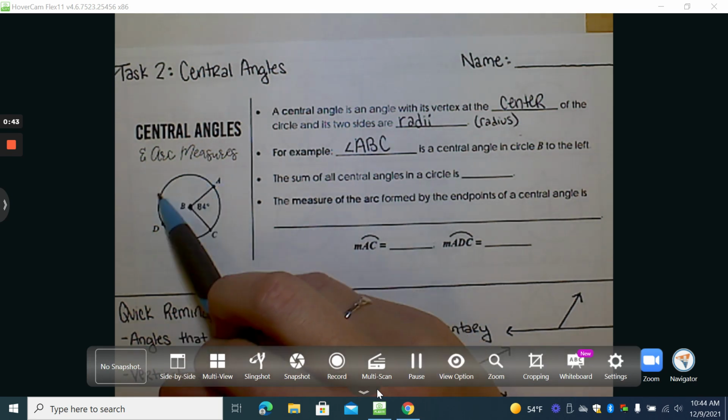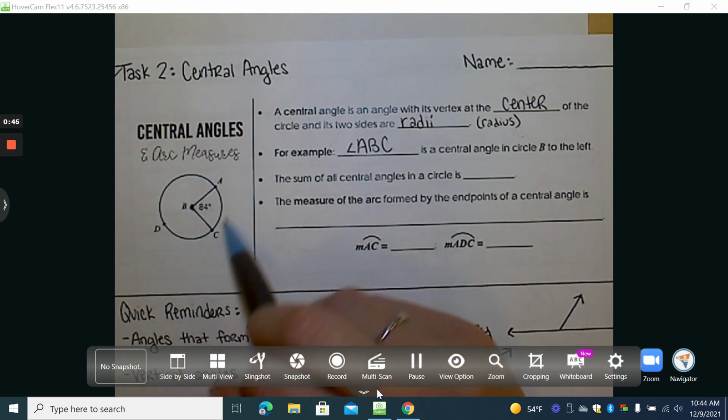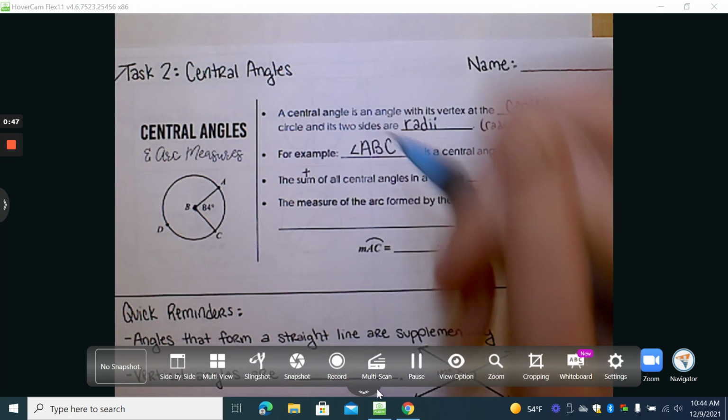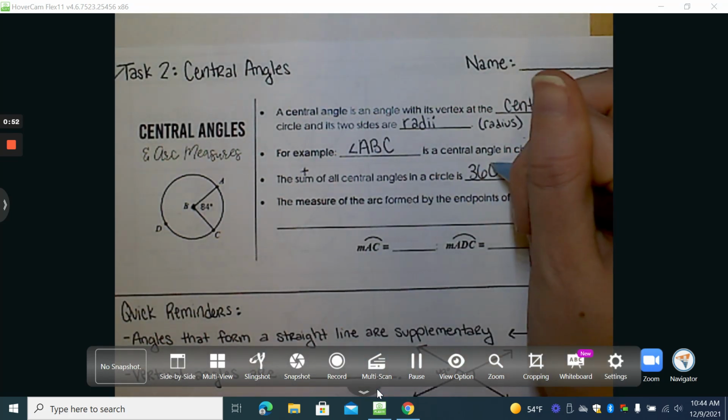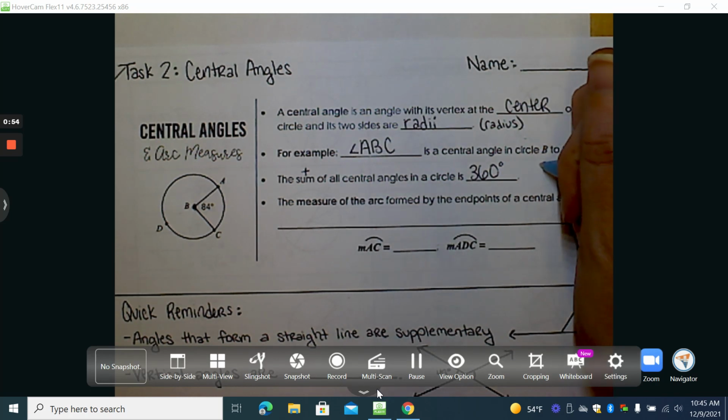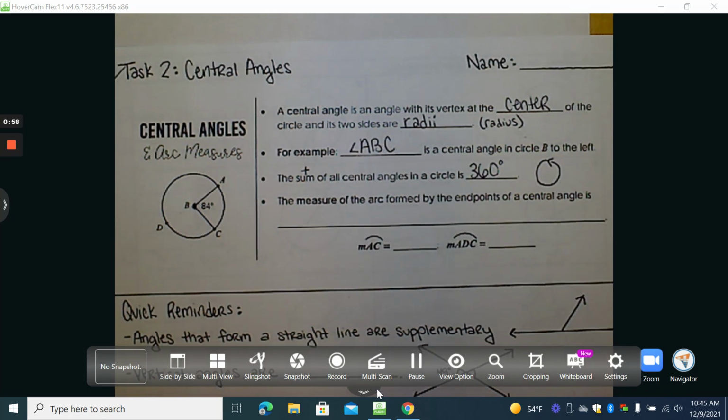One thing to note when you make a complete circle, the sum of all central angles in a circle is 360 degrees, right? If you turn in a circle, you turn a full 360 degrees.